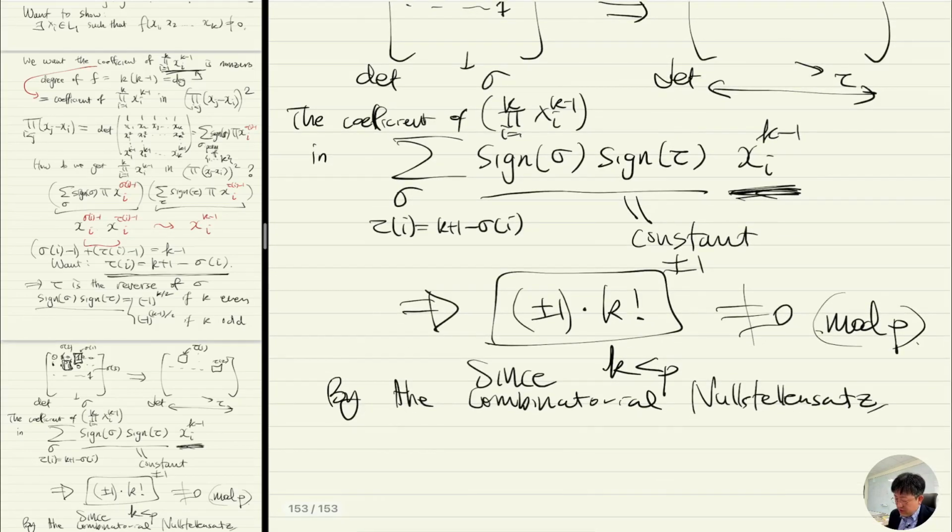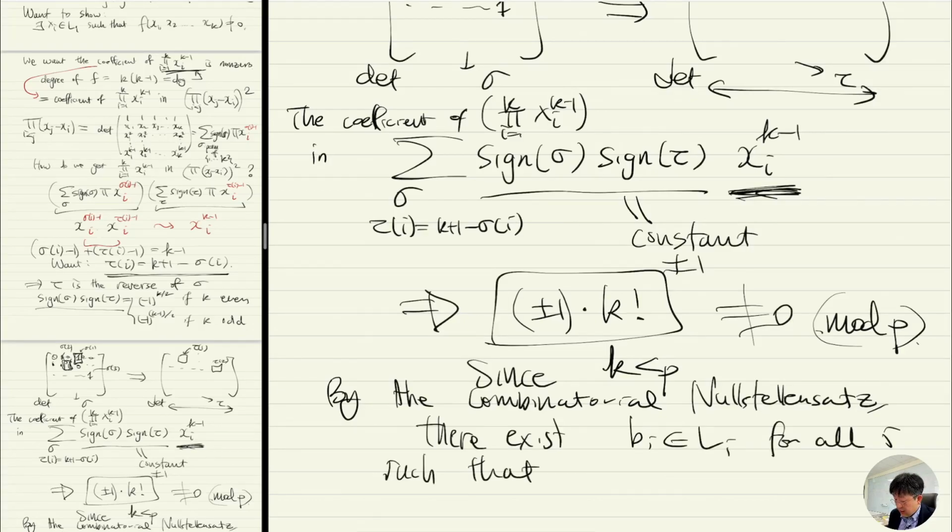By the Combinatorial Nullstellensatz, there exist b_i in L_i for all i such that f of b_pi(1), b_pi(2), ..., b_pi(k) is non-zero. So that's it.